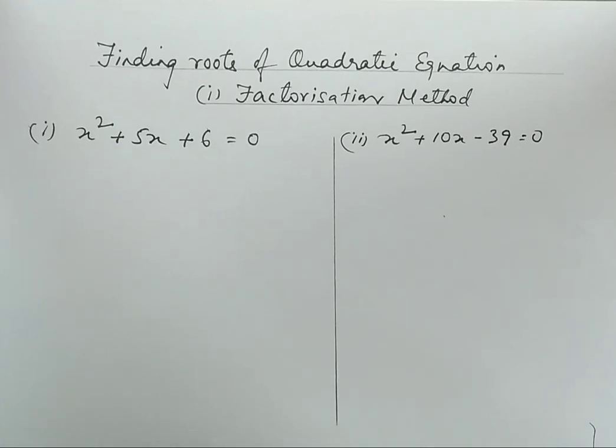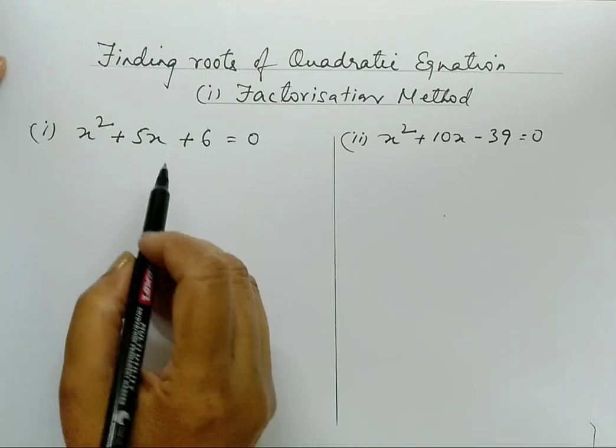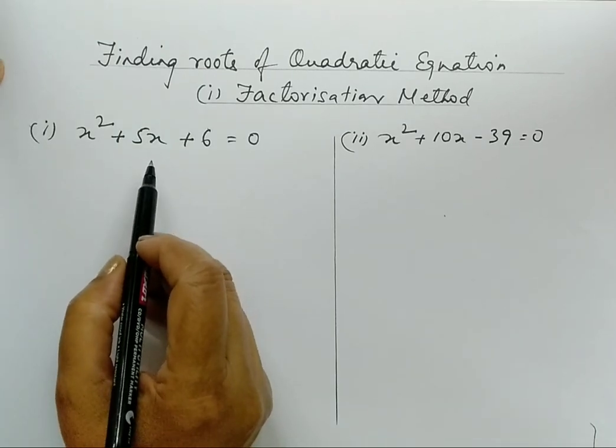But how do we find the roots? It is very simple. I'm sure you people have done this in your class 8th level and even 9th level. How we do it is called the split method.